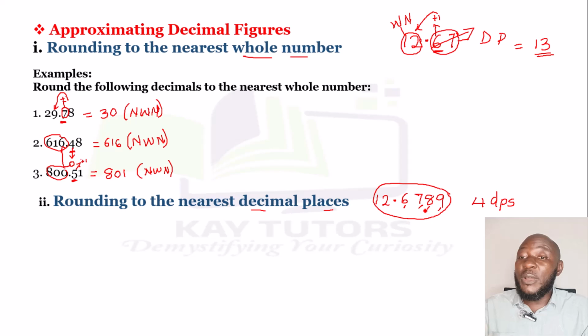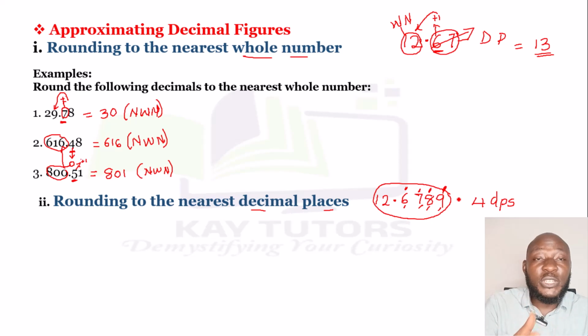Okay, so if I want to round to the nearest tenth, that is to 1 dp, or round to the nearest hundredth, that is 2 dp's, or to the nearest thousandth, that is 3 dp's, or to the nearest ten-thousandth, that is 4 dp's, what are you expected to do?